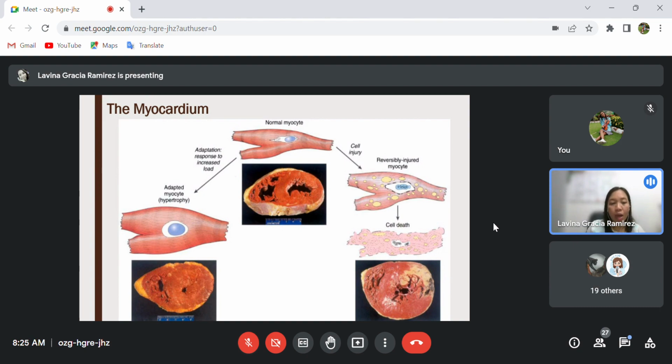Ang kanyang picture grossly is like this one. Now, in the left picture, you can see how it becomes thicker. So this is the normal one. Then how it became this.